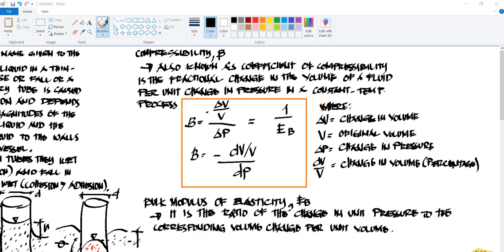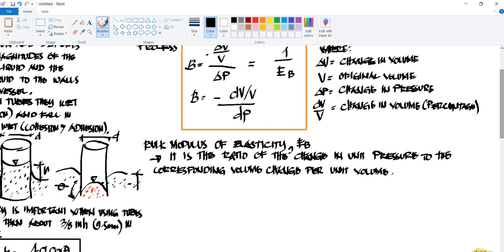Next we have the bulk modulus of elasticity, EB. That is the ratio of change in unit pressure to the corresponding volume change per unit volume, where your EB, or the modulus of elasticity, is expressed as stress divided by strain, and it is equal to your change in pressure divided by your change in volume over your volume.